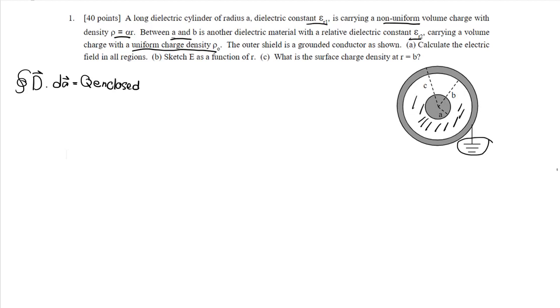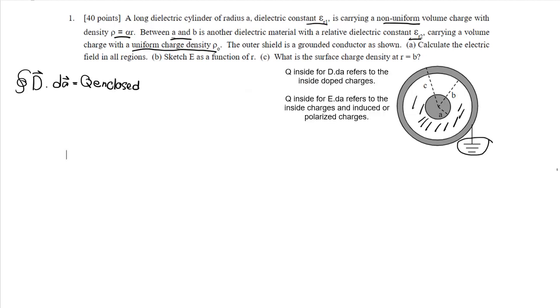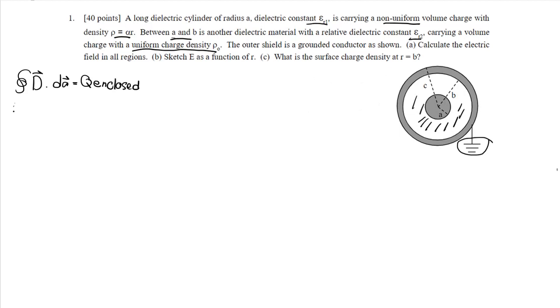This formula is saying that D represents the flux density, dA is a small change in surface area, and Q is the charge enclosed by the Gaussian surface we would be selecting. So for part a, we need to find the electric field in all regions.